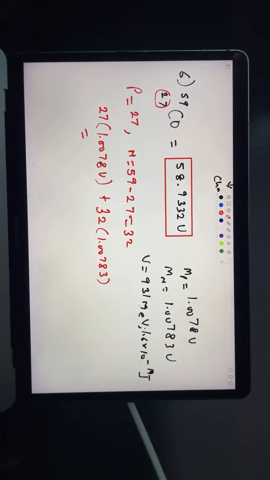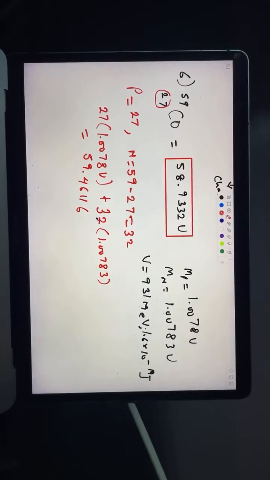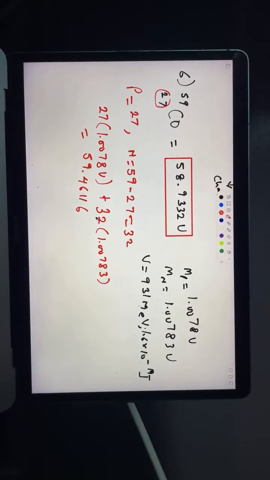So when we calculate all of this together, we have 27 times 1.0078 plus 32 times 1.00783. So what will this give us all together? That is 59.46116.